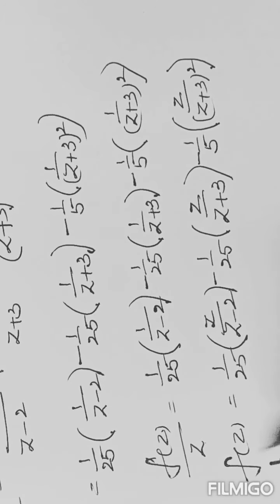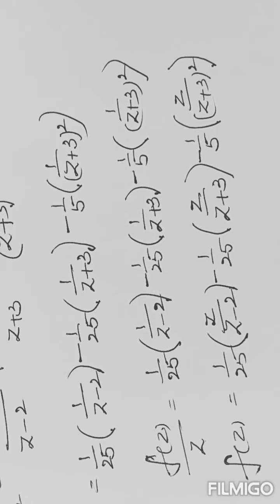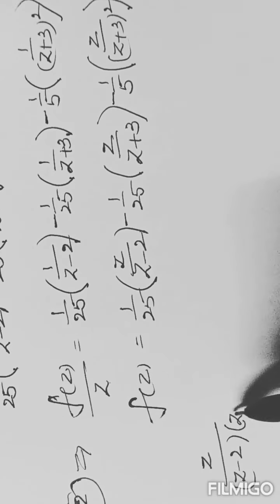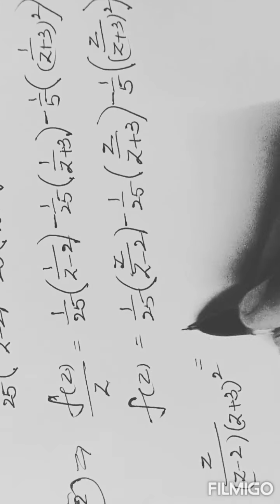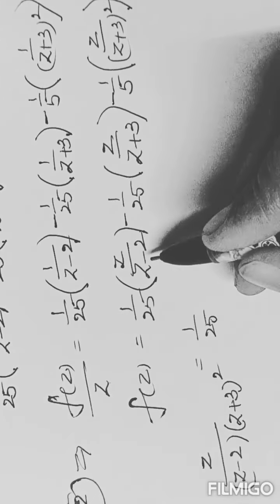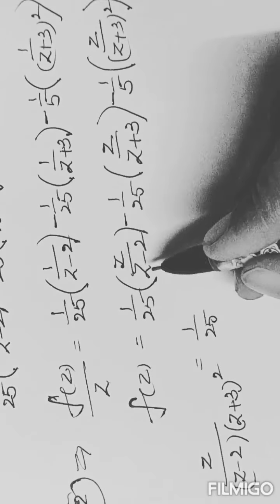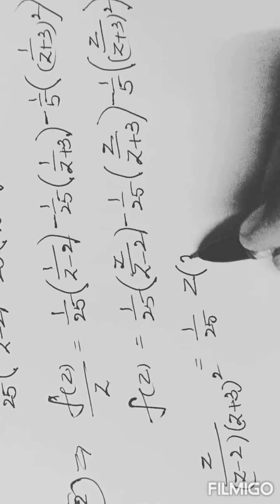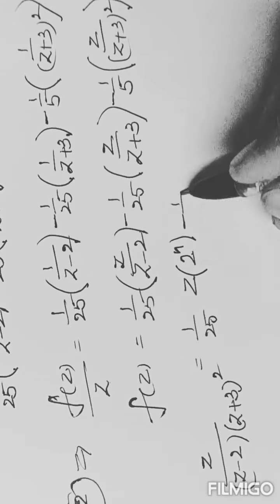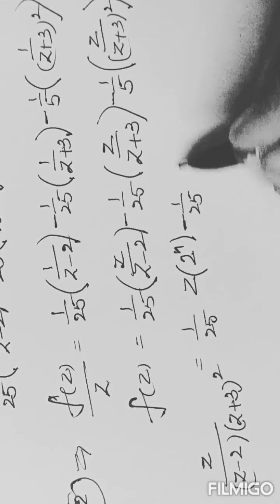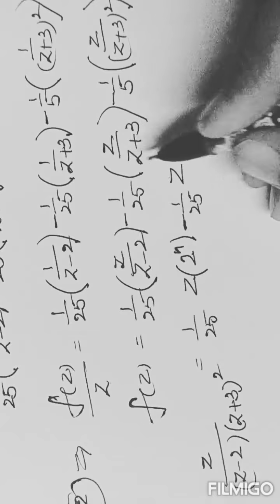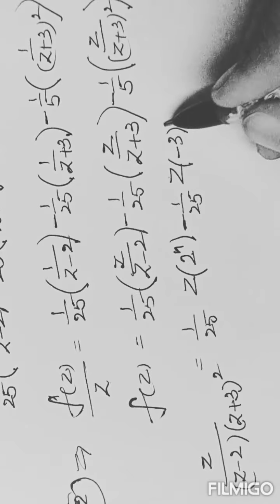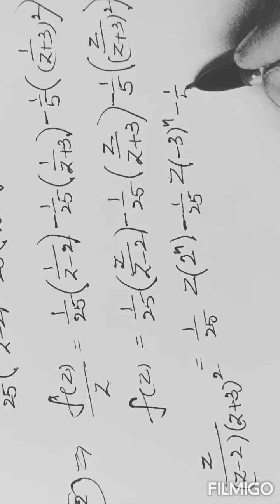Here the actual value of F of z is z by (z minus 2)(z plus 3) whole square. 1 by 25, this is the formula of z by z minus a. As per that formula, this is the Z transform of 2 to the power n. Minus 1 by 25, this is the formula of z by z plus a, the Z transform of (minus 3) whole power n. Minus 1 by 5.